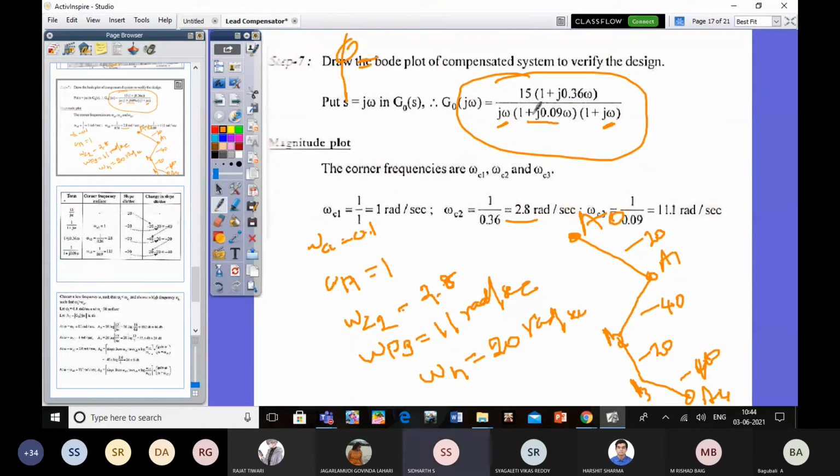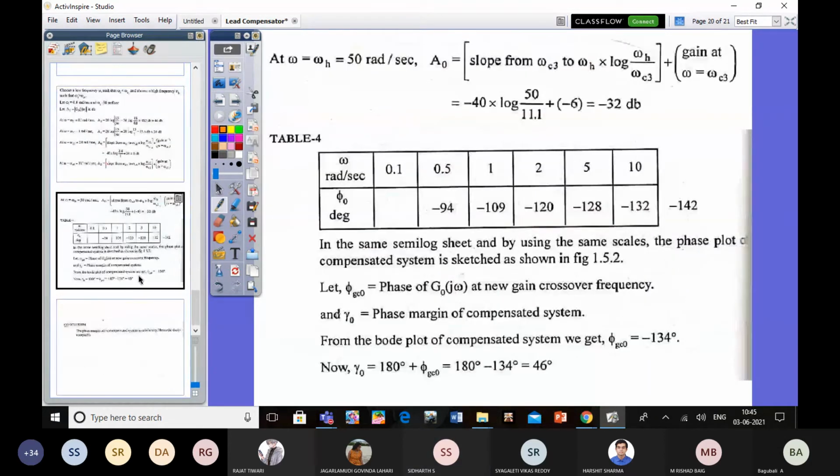The phase angle is minus 90 minus tan inverse 0.09 omega minus tan inverse of omega plus tan inverse of 0.36 omega. Correct, dear? Okay, this is the phase angle. You can substitute and determine the phase angle values, and check it out.